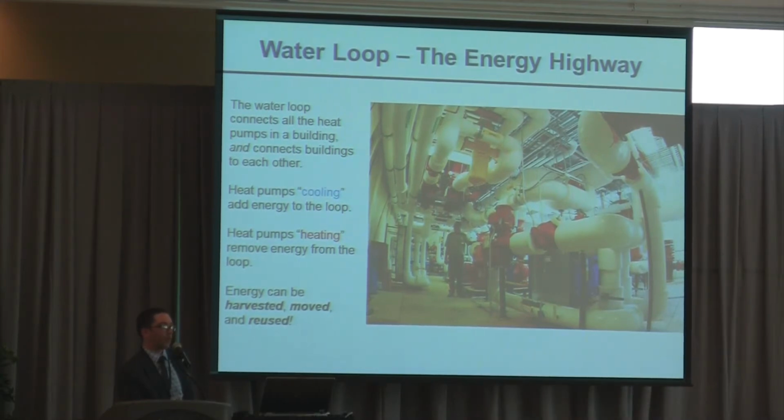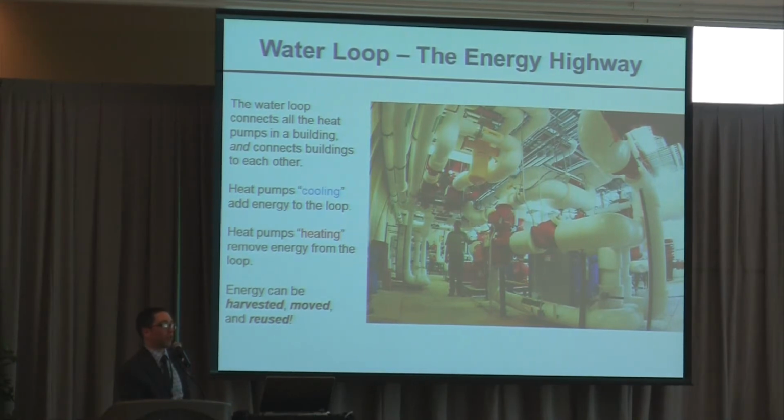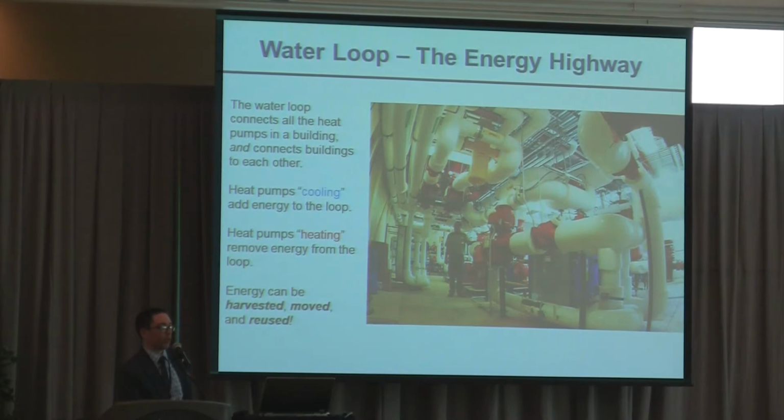And using heat pumps, we can actually extract energy from that loop, or do heating from a zone's perspective, or put energy in that water loop, or do cooling from a zone's perspective. The key takeaway here is that, as I showed in that first slide, it's not a single pass concept. We're trying to harvest, treat, and reuse energy.